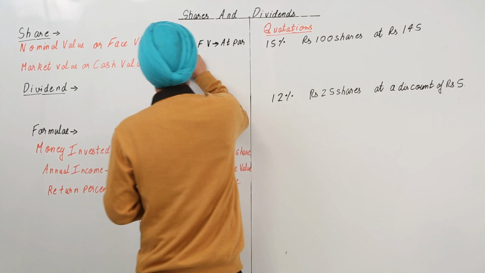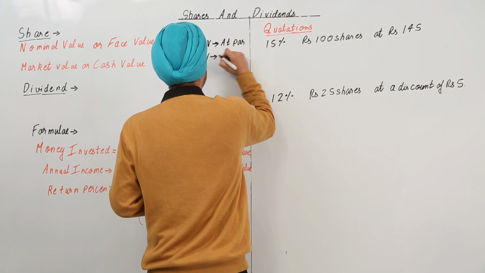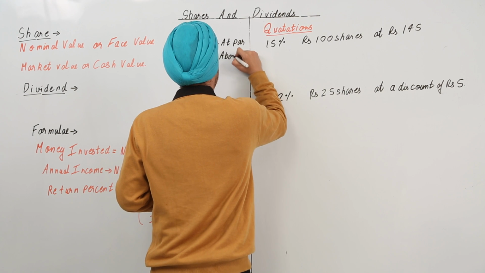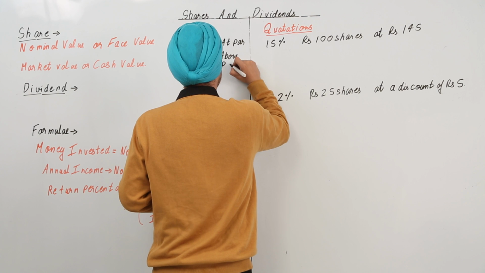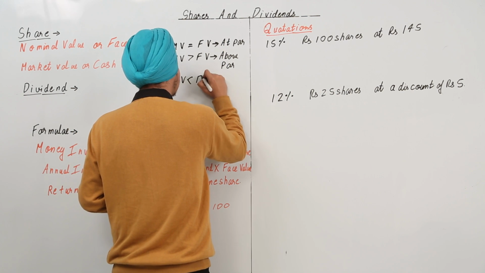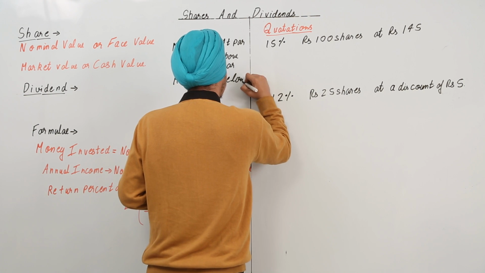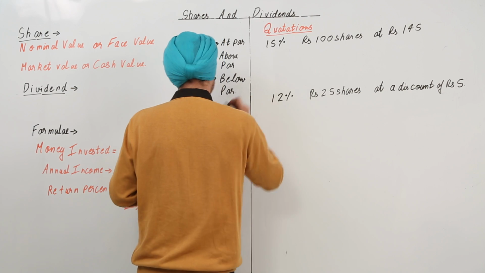If the market value is greater than the face value, then this is above par. If the market value is less than the face value, then this is below par.